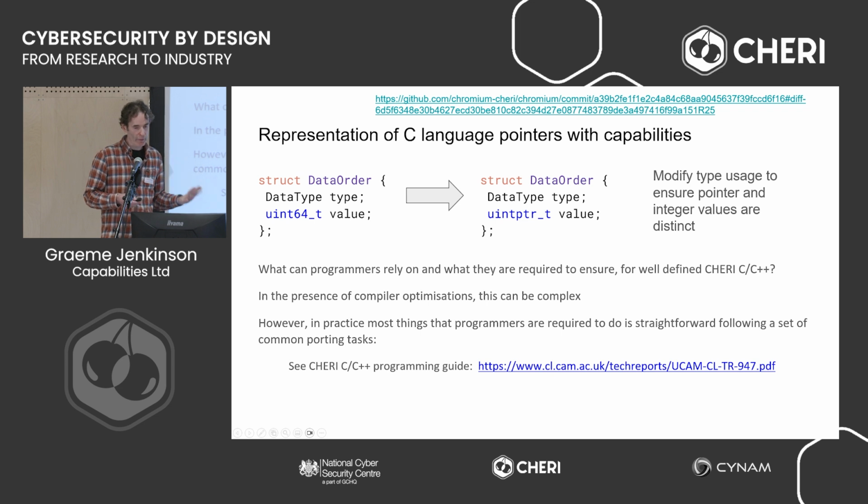So that's slightly complicated, and you can read about that in an academic paper, that's fine. But in practice, from a practitioner level, what you're actually required to do is mainly a straightforward set of porting tasks. And they're outlined in this guide, the C/C++ Programmer's Guide. And for most types of software, you can go through the guide, you can read its advice, and one of the pieces of advice will be about use of types. You correct the type, you recompile it, and it's all good.